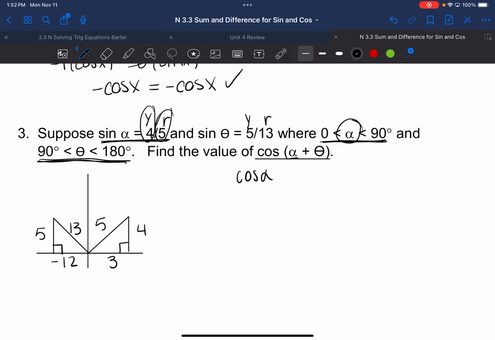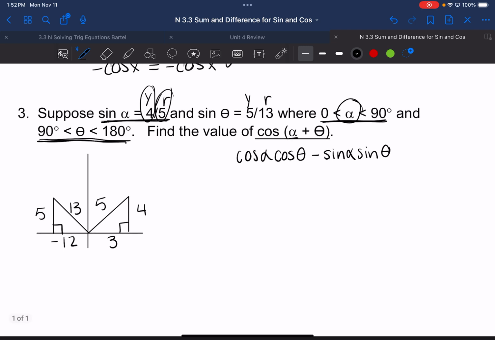Alpha. Okay. Times cosine of B, what's our B? Theta. Minus sine of A, again, you guys said A was alpha, times sine of B, and B you guys said was theta.